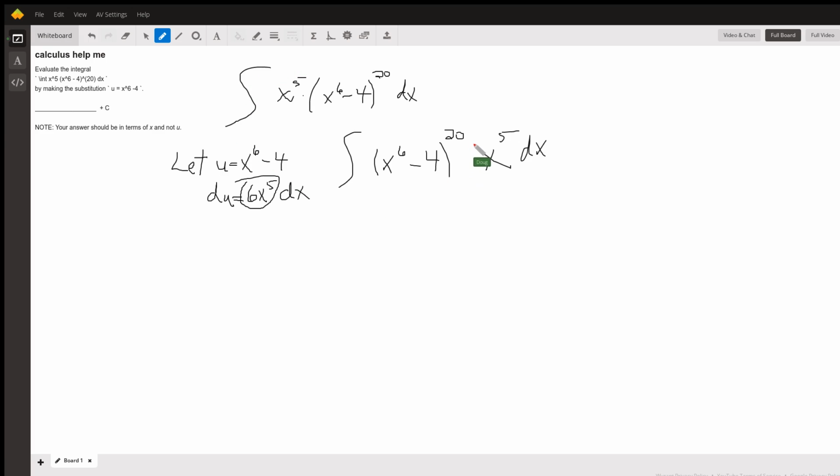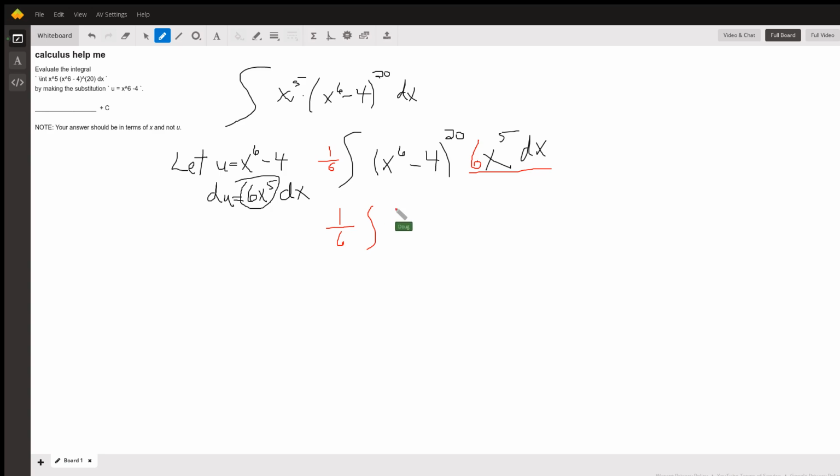We need a 6 in front of this x to the 5th so that we can replace this whole expression with du. But if we put a 6 there, we need to put a 1/6 out front. And 1/6 times 6 is 1, so I've multiplied the expression by 1, but I haven't changed its value. And now we're ready to substitute.